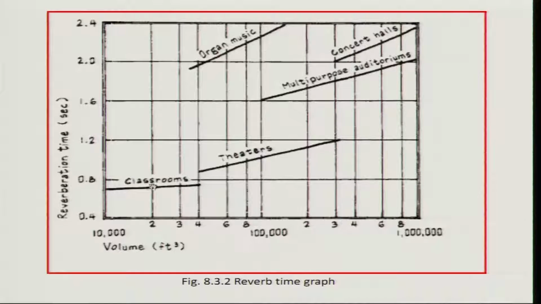So, for instance, if you have a classroom, what is the requirement in a classroom? All the discussion which happens is for speech. People do not play music or do drama and all sorts of complicated music in the classroom. So, in a classroom, all the frequencies associated with the spectrum of speech should be clearly understood.